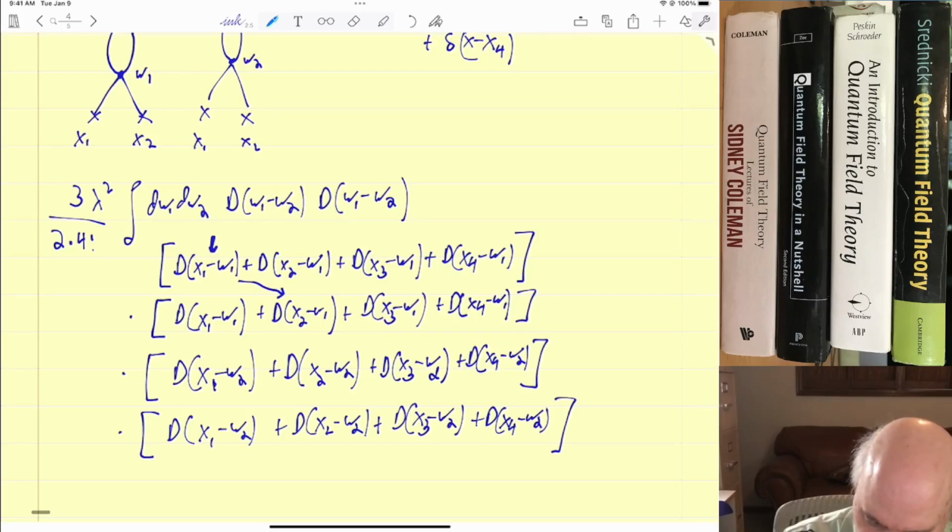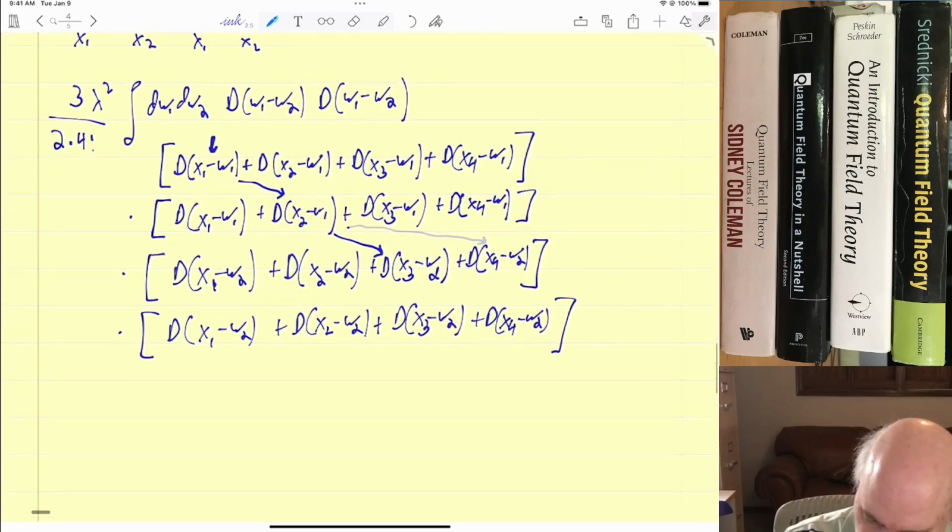And then from here we can go two places. We can go to x3 minus w2, or we could go to x4 minus w2. And once we do that, we're fixed on the last term.